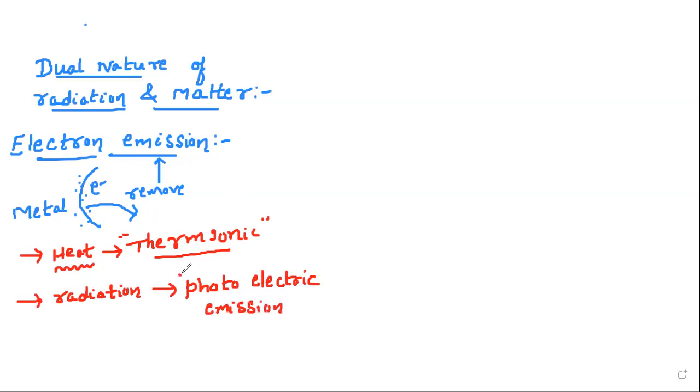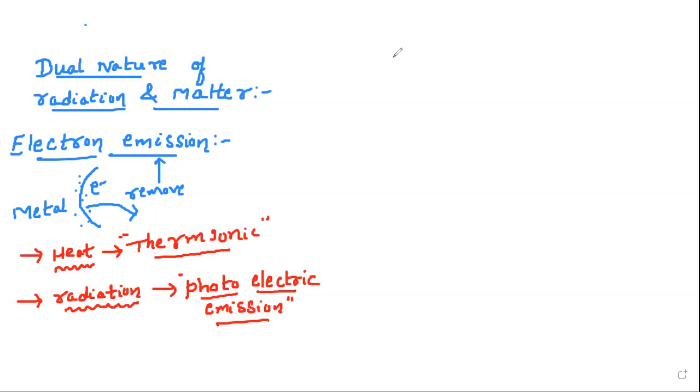So what is photoelectric emission? It is the emission of electrons from the metal surface by giving radiation, not heat energy, radiation. By giving the radiation, we can take out the electrons from the metal surface. That is what we call photoelectric emission.